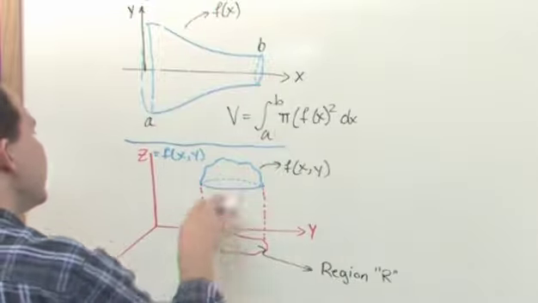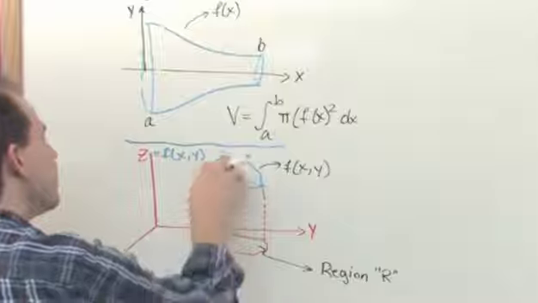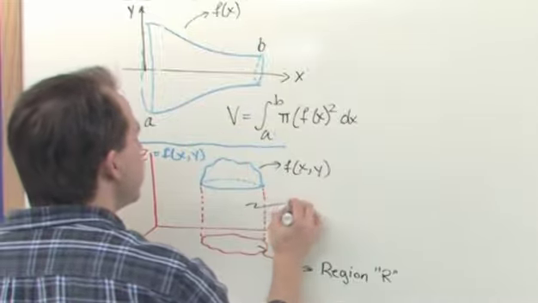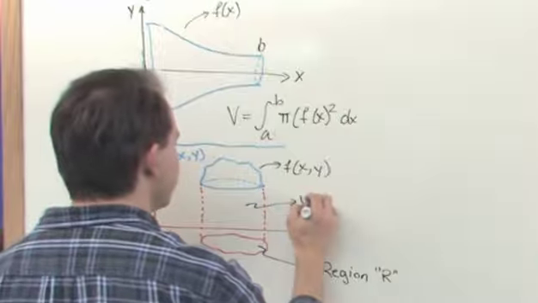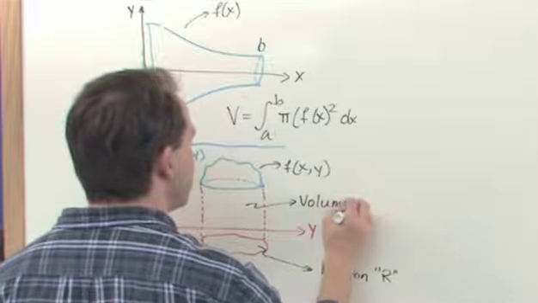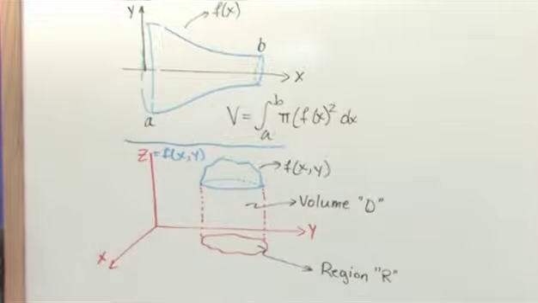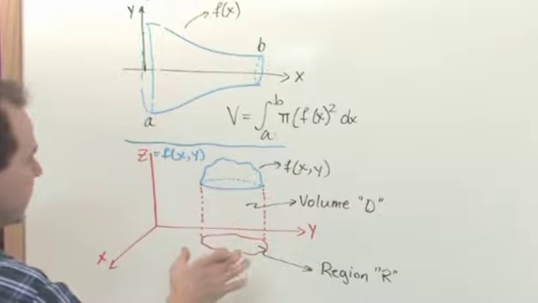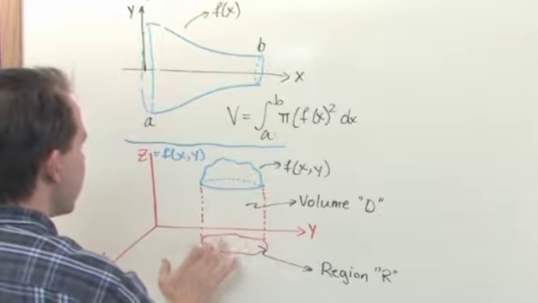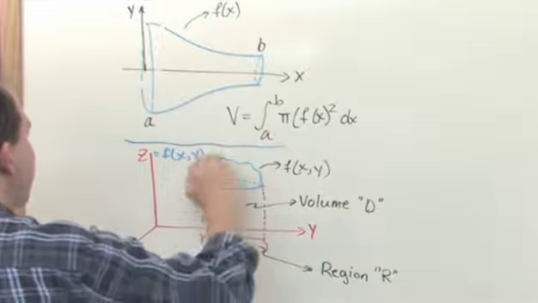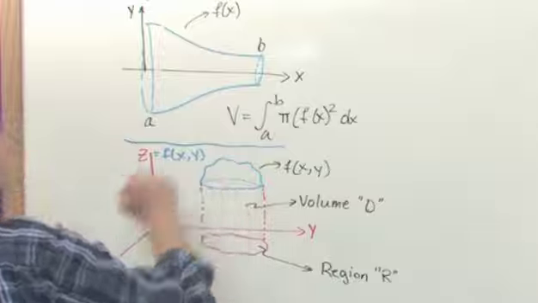And then this body here in the center, from the top of the top hat all the way to the projection on the xy plane, is called the volume D. So to rephrase the question a little more clearly, what if I had an object that looked like this? It had this irregular boundary down here, it was straight up like this, and it had this weird crinkly top hat looking thing, and this whole thing formed a volume D.